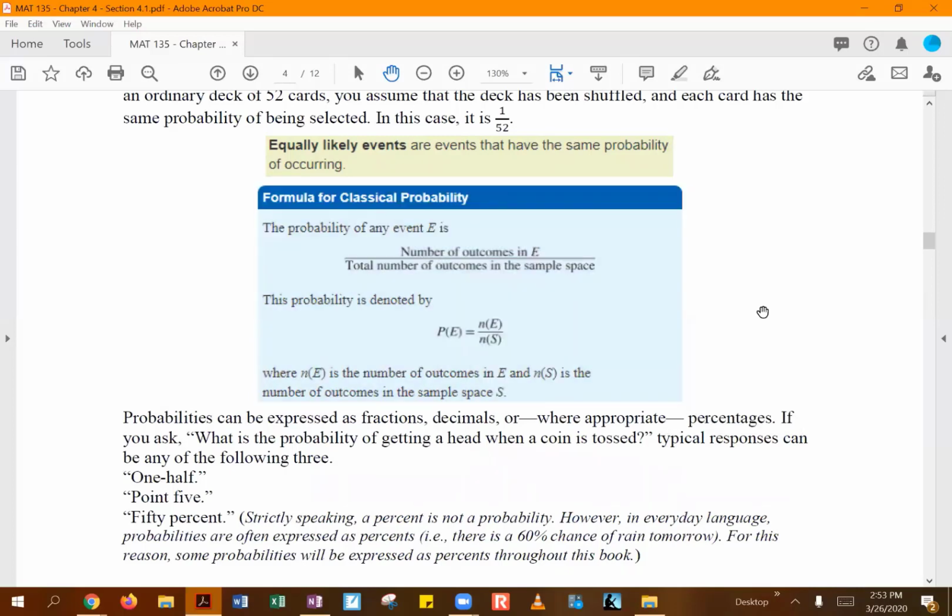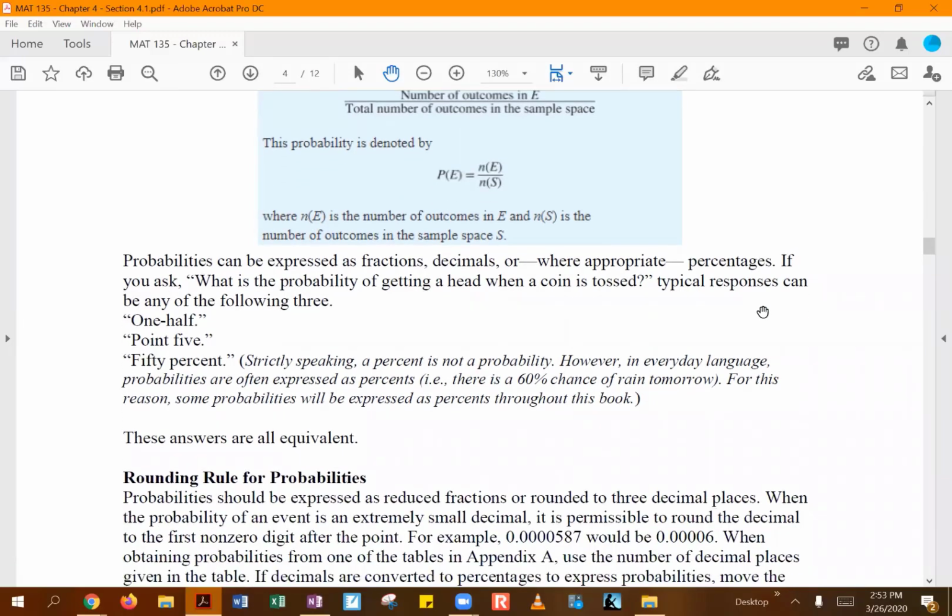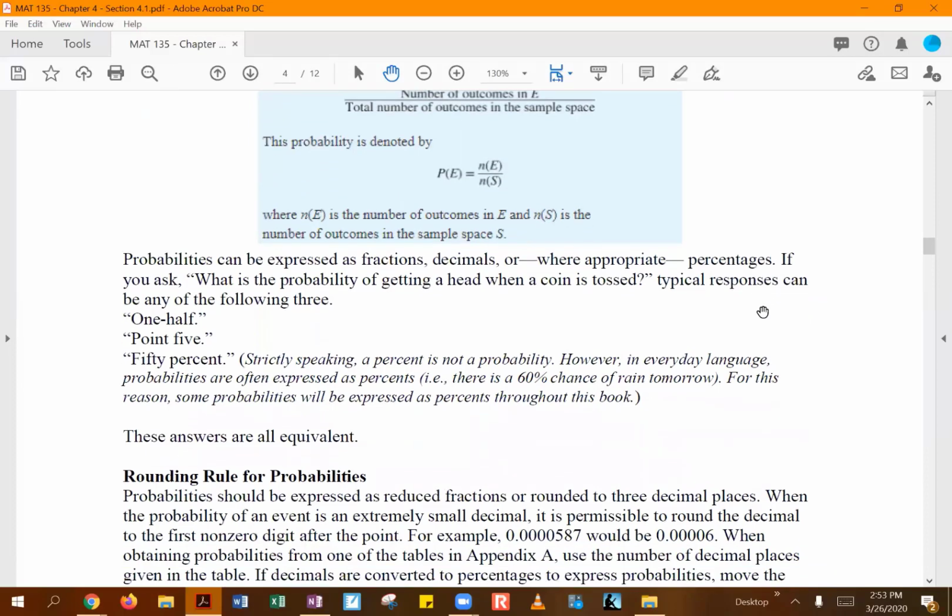So the probability of event E happening, P of E, is equal to the total number of outcomes in event E, that's N of E, on the top, and the total number of outcomes in your sample space, that's N of S, on the bottom. N of E is the number of outcomes in E, and N of S is the number of outcomes in the sample space.